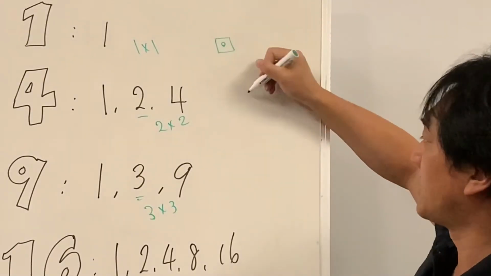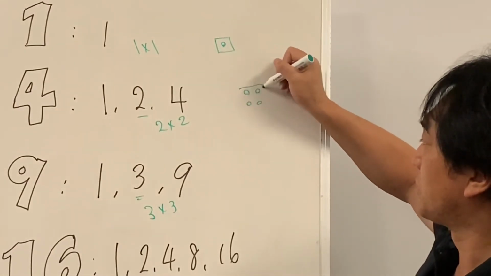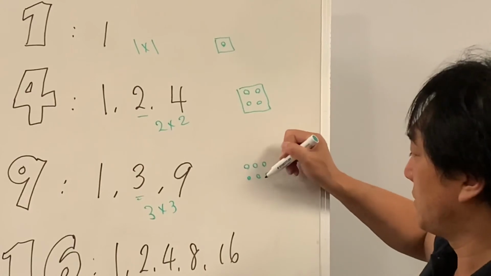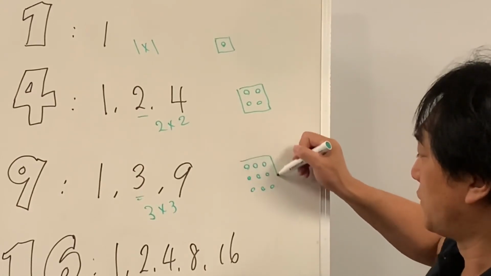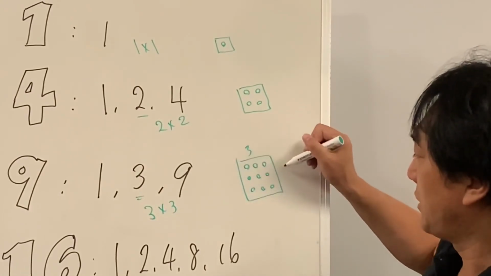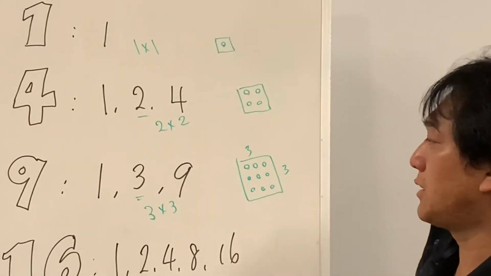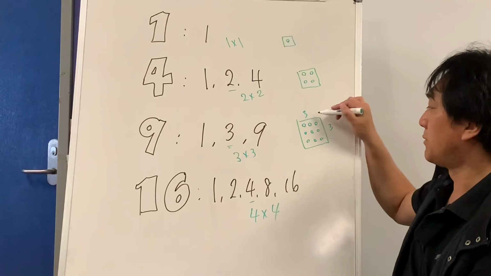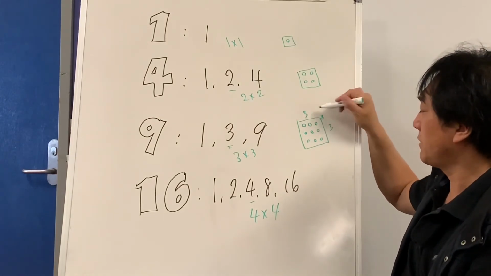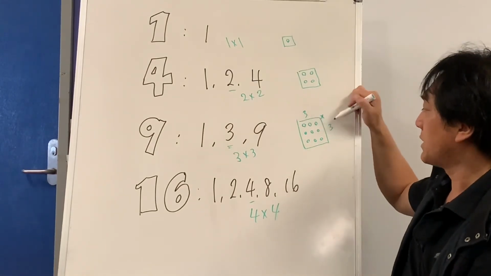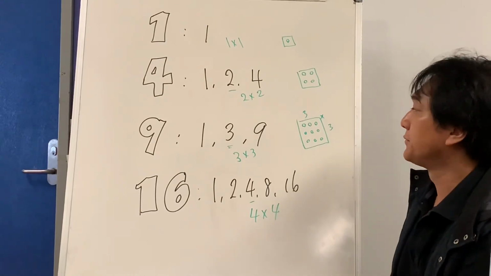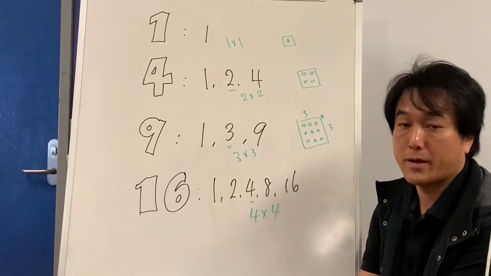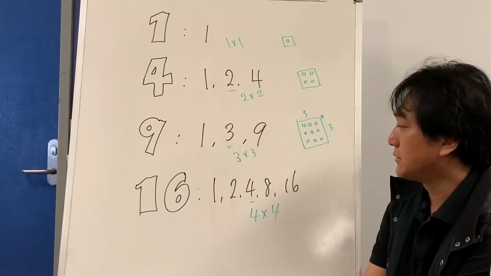This is 1 times 1, 2 times 2, 3 times 3, and 4 times 4. These are called square numbers because they can be made with the same number multiplied by itself. So these have an odd amount of factors.